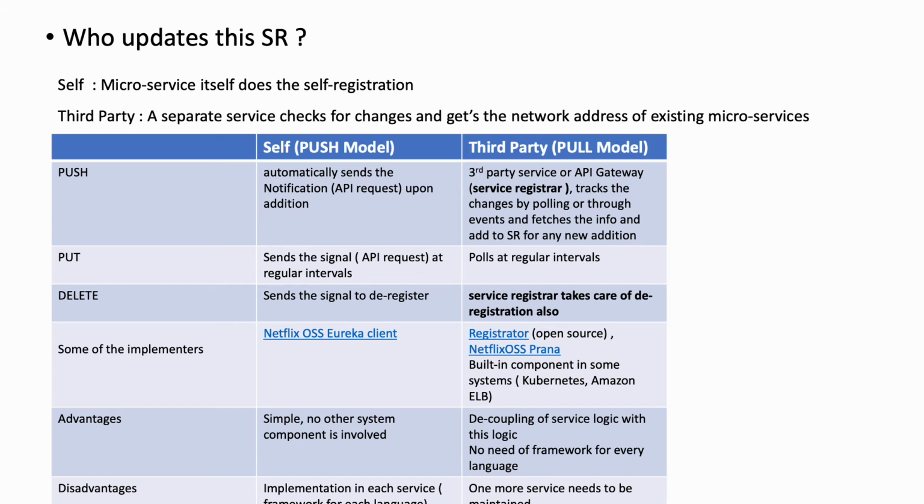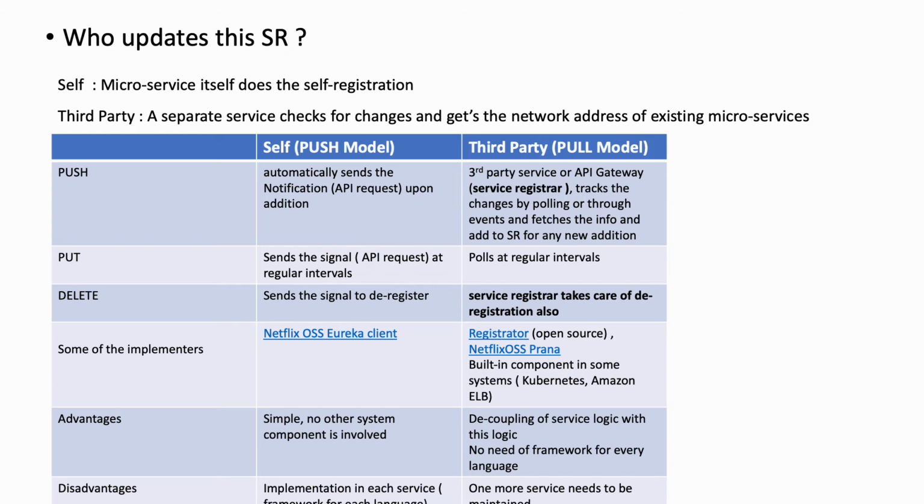On the other hand, if we go for the third party service implementation, which is called pull model, because this extra service is going to pull the required data from the system by checking or tracking or getting the notifications from the system at regular intervals and update the service registry accordingly.